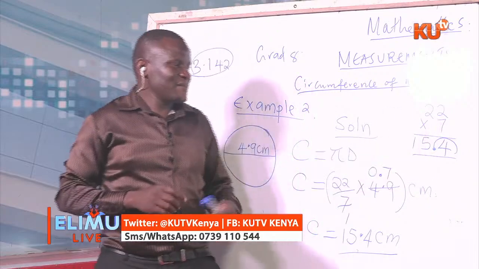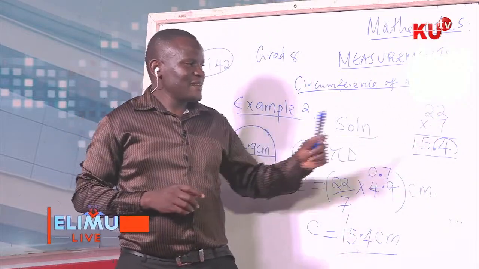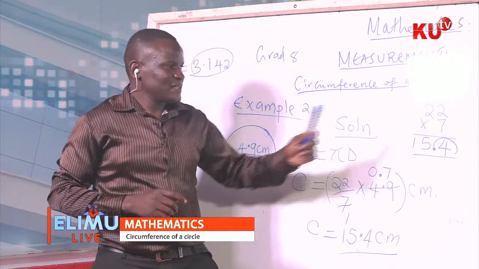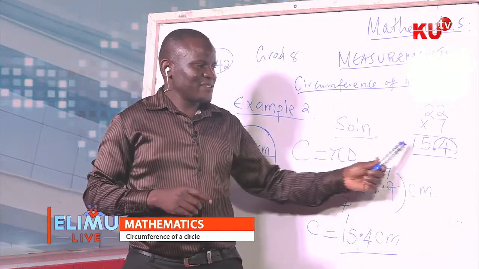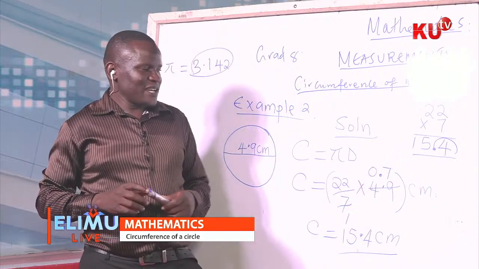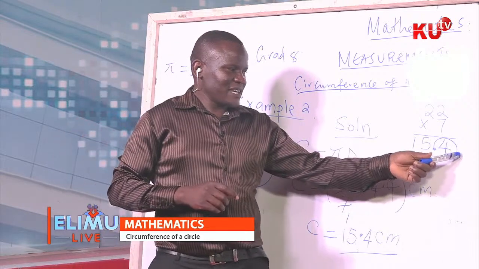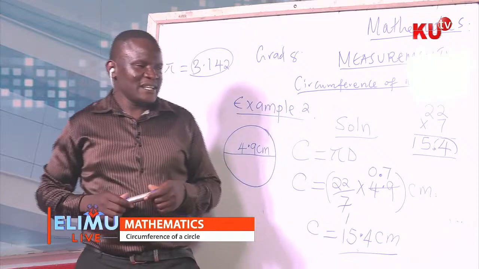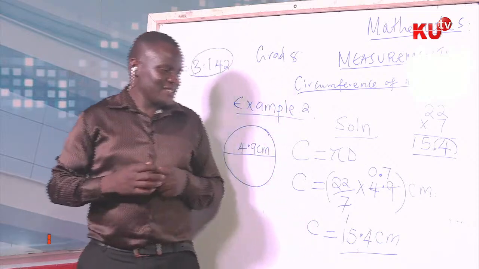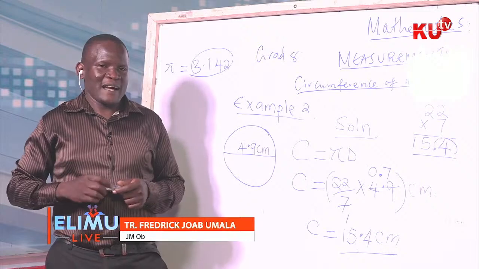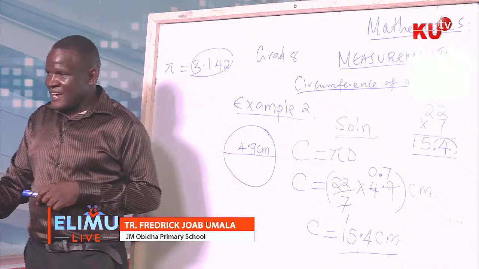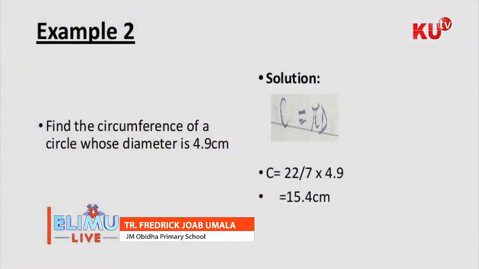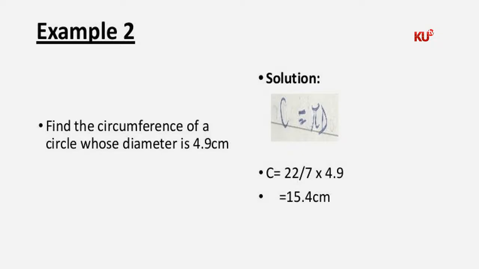When we multiply by 7, 2 multiplied by 7 is 14. We carry 1. 2 multiplied by 7, 14. When we add 1, we get 15. And we had one decimal place, we introduce it from the right. So we shall get our circumference of this given circle as 15.4 centimeters.